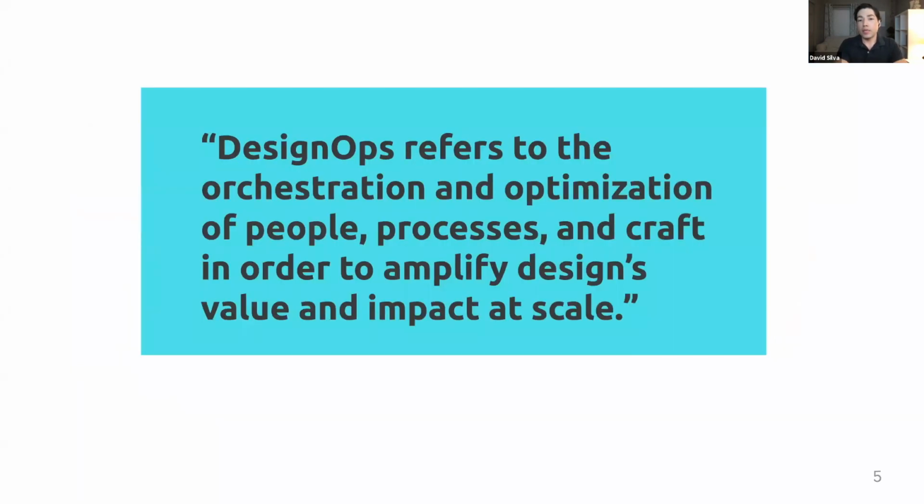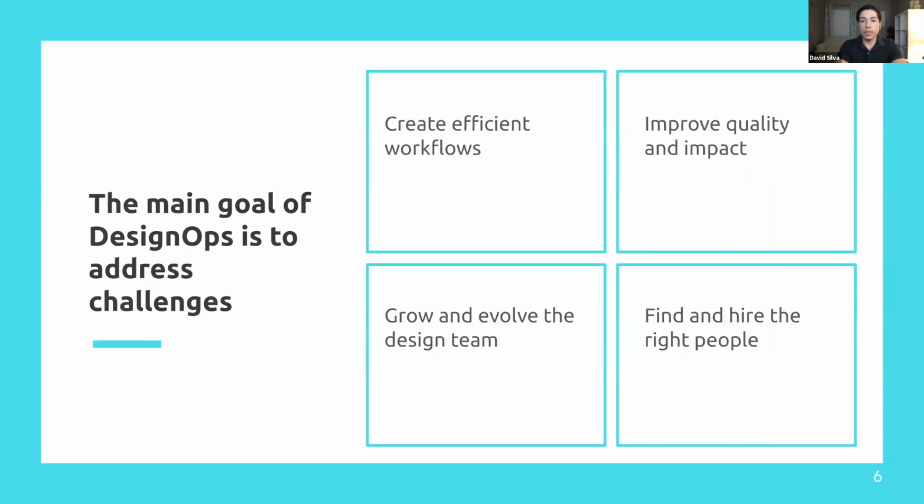So let's define design ops. Design ops refers to the orchestration and optimization of people, processes, and the craft of design in order to amplify the design's value and impact at scale within the organization. The main goal of design ops is to address challenges such as creating efficient workflows, improving the quality and impact of design deliverables, and growing and evolving the design team.